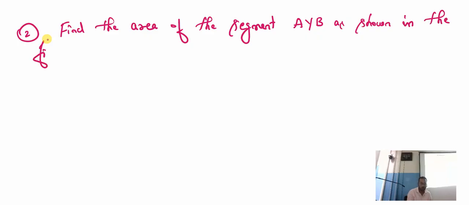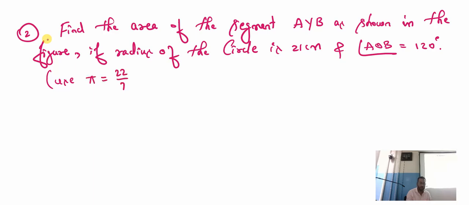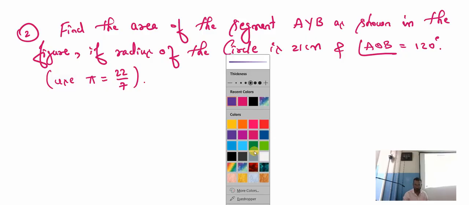If the radius of the circle is 21 centimeter and angle AOB is equal to 120 degree, use pi is equal to 22/7. See, for your help, they have given the value of pi. That is what you should use.